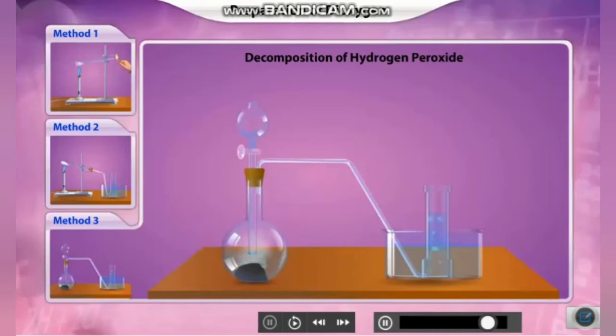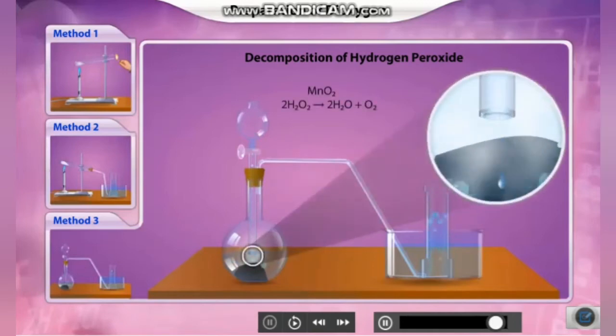The presence of gas is indicated by bubbles coming out of the delivery tube. The gas produced is oxygen. In this reaction, hydrogen peroxide decomposes to form water and dioxygen. Manganese dioxide acts as a catalyst.